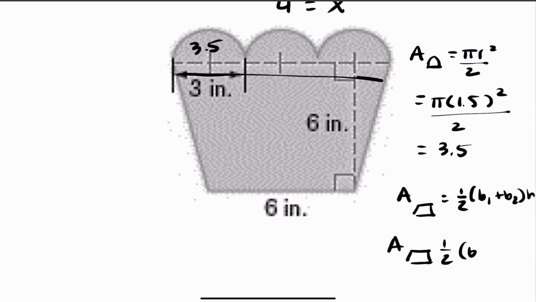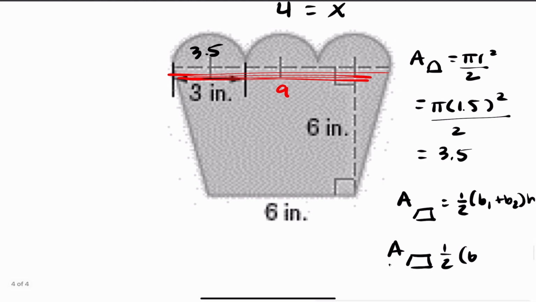So really, this thing is 9. So we have A equals 1/2 of 6 plus 9 times the height. Remember, the height is perpendicular to the two bases, which is 6.